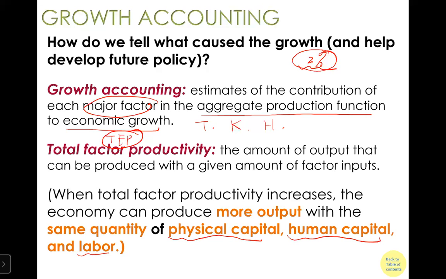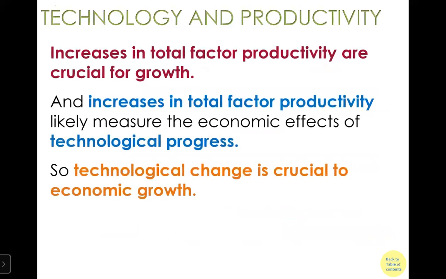That means we can produce more with the same quantity of physical capital and human capital. All right. So the growth accounting exercise taught us that increases in TFP are crucial for growth.